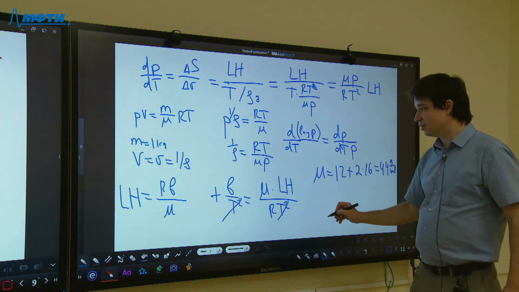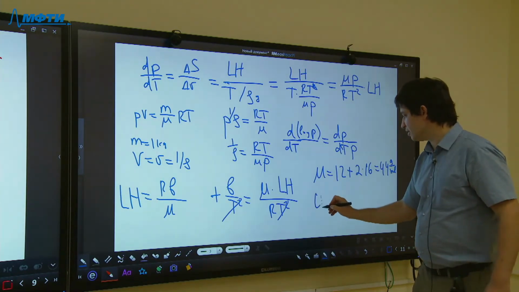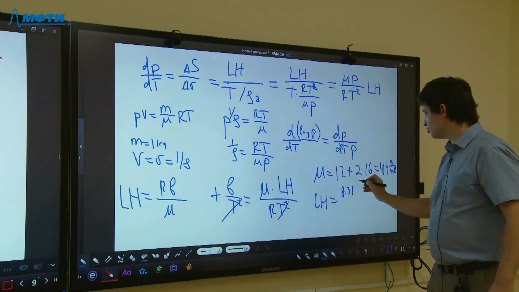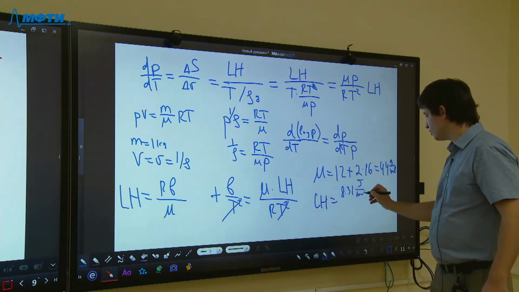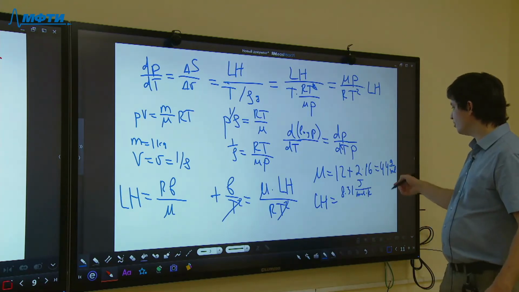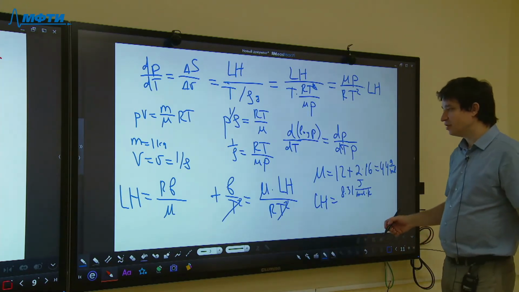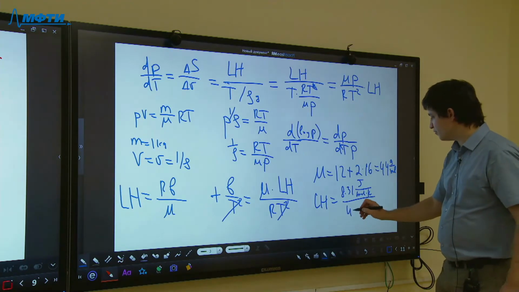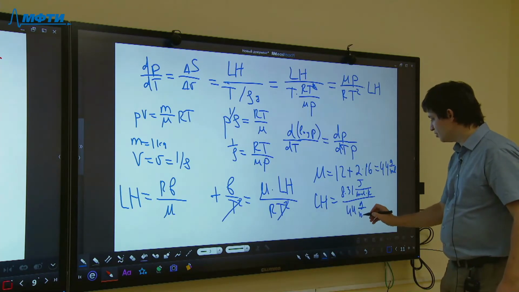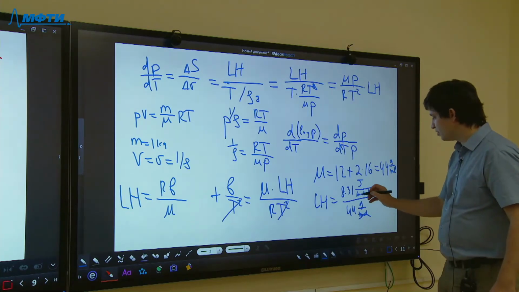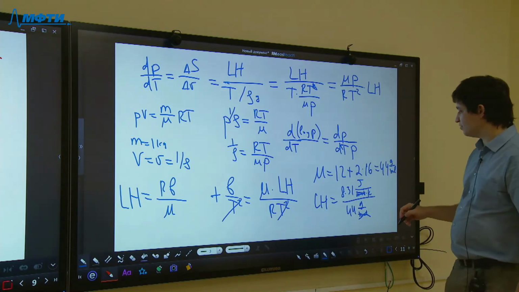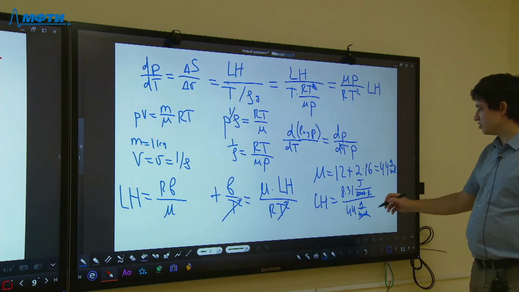So latent heat is 831 joule per mole Kelvin. I want to get from grams to kilograms, so I divided by 44 grams per mole, and I have the mole eliminated. B is measured in kelvins, so Kelvin is also getting eliminated.